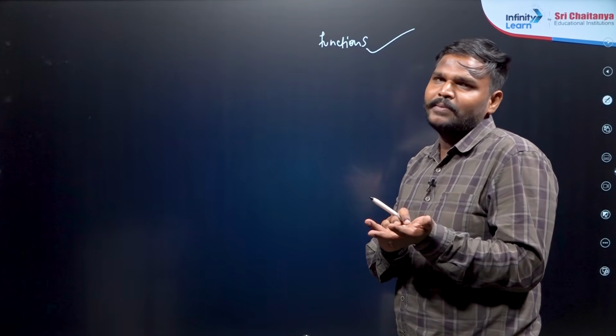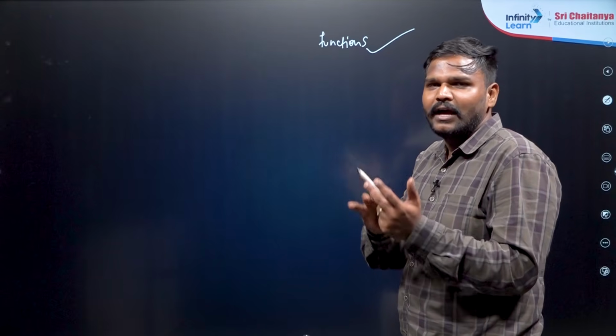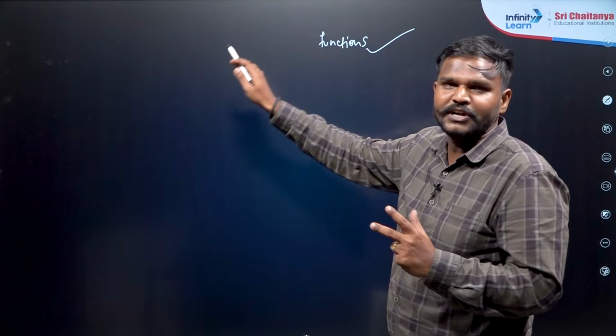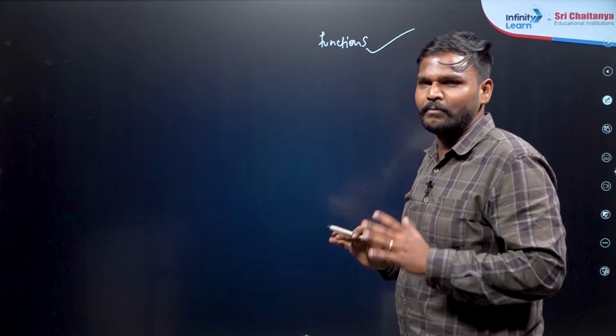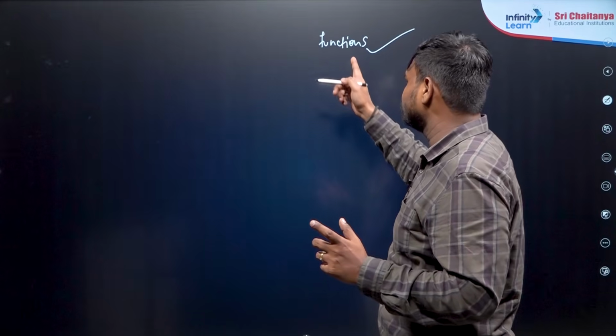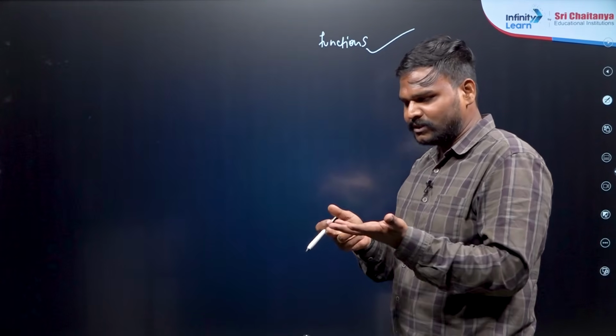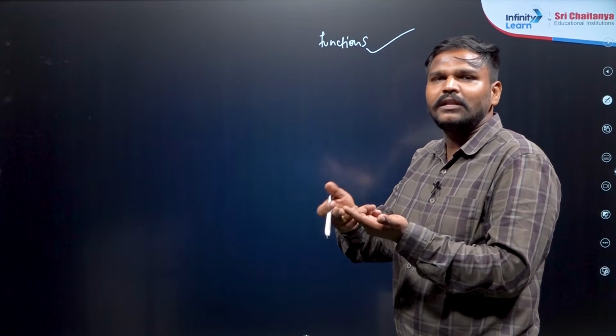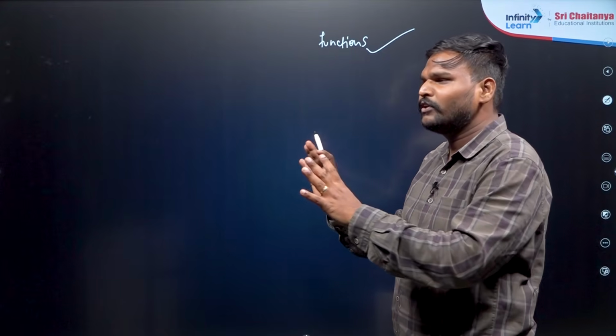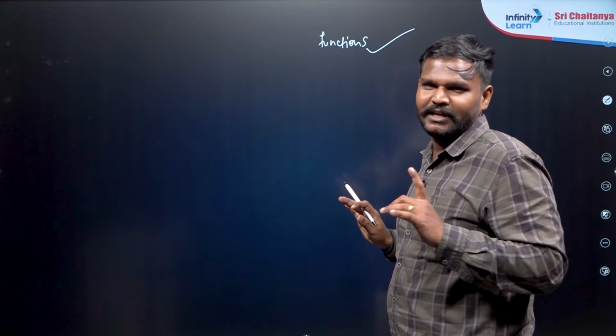Left hand side is called dependent, right hand side is called independent, and it can be written as y is equal to f of x or LHS is equal to f of RHS variable. And the types, what are the types? Trigonometry, logarithmic, exponential, algebra. This much information is enough in functions.